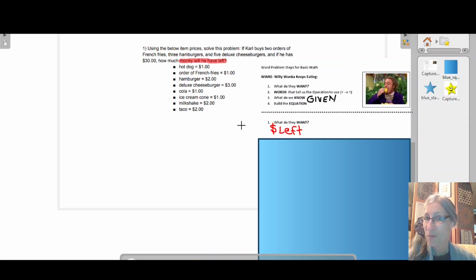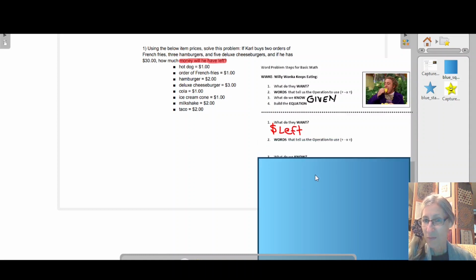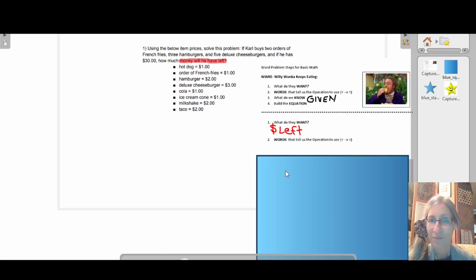So let's go to number 2. What are the words that tell us the operation to use? So let's look for some key words that'll tip us off. Well, we've got addition, subtraction, multiplication, or division.